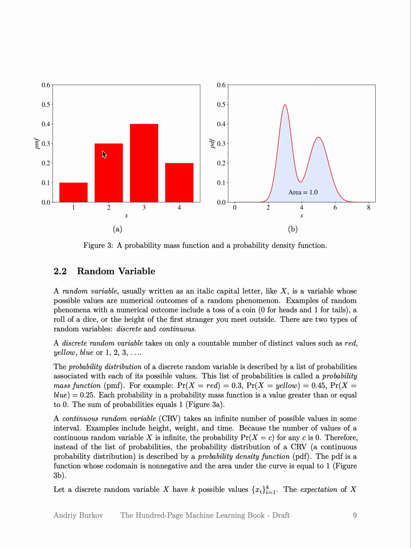So for the distribution of the probability of a discrete random variable, if you want to see what the probability is for every outcome, it is easy. You just have to calculate the probability for every outcome and plot it, right? But a continuous random variable can have an infinite number of possible values within an interval, like height, weight, time, right?